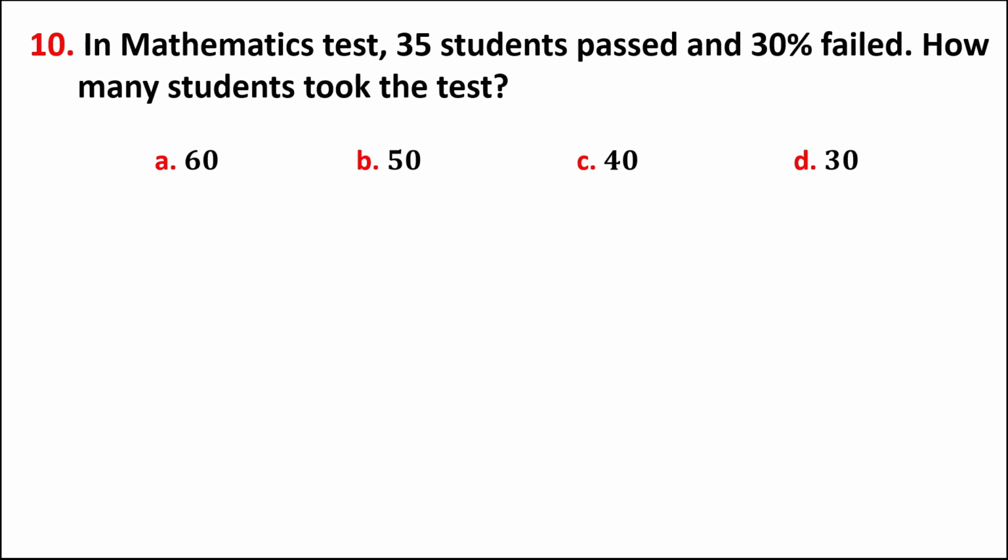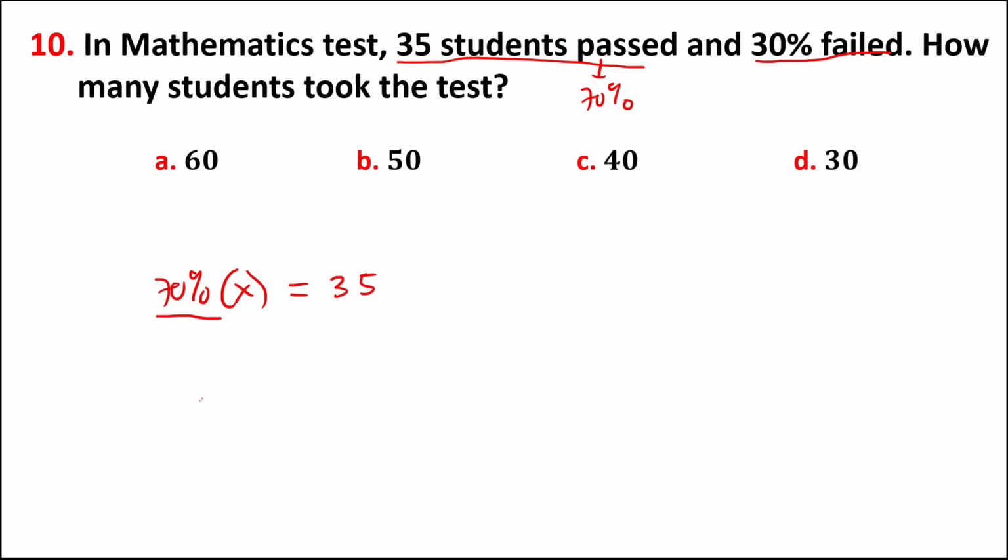Then for this given, in a mathematics test, 35 students passed and 30% failed. So therefore, 70% passed. So we can solve this one as 70% of x is equal to 35.